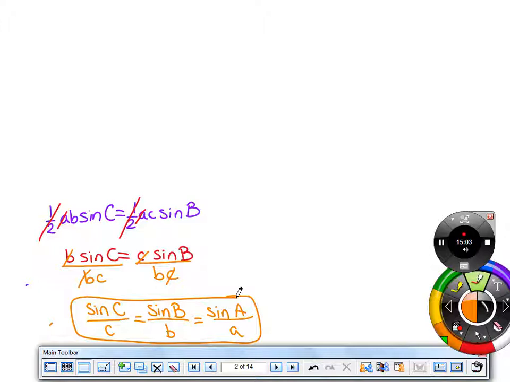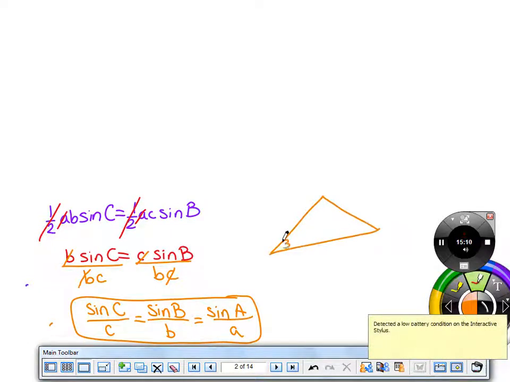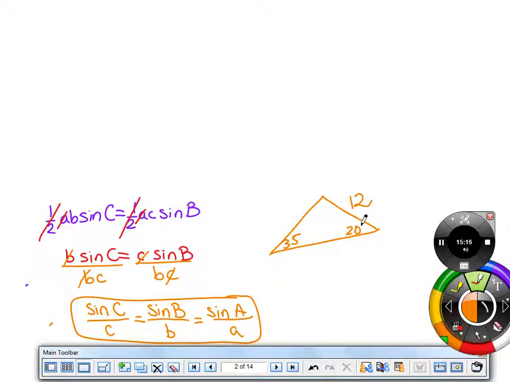Yeah. So this isn't going to work in every scenario. No, you don't need every side. Let's say I gave you this. And I said, like, this is 35, and this is 12, and this is 20 degrees. And I want you to find this other side of the triangle. You could now use the law of sines to do that, right?